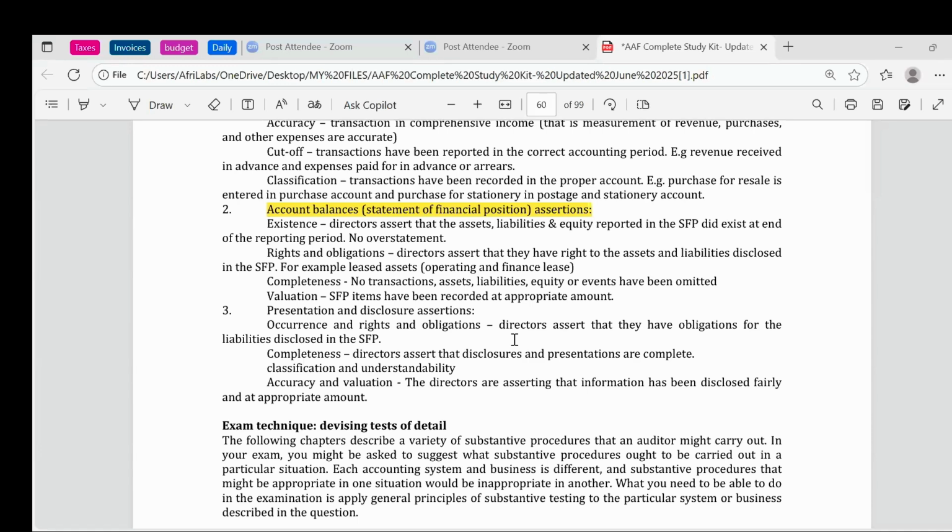Number two, confirm that segregation of duty applies in receiving cash and recording cash balances on a daily basis. That's another procedure. Number three, confirm that the cash balance written down in the SOFP tallies with the cash in the safe. All those procedures are checking for what? Completeness.